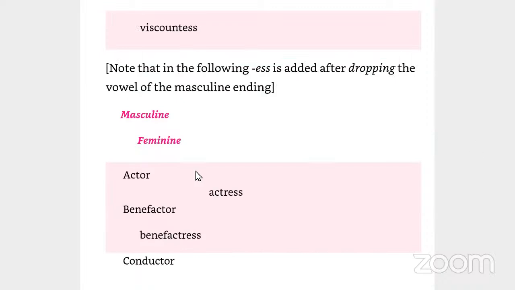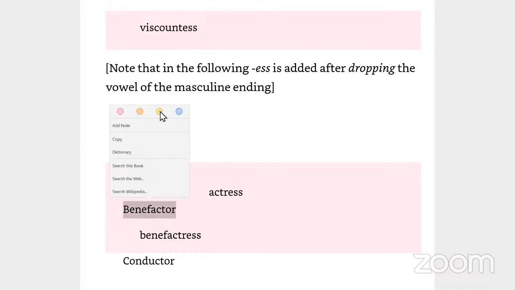Then actor, actress, benefactor. Who can say what's the meaning of the word benefactor? Benefactor comes out of the root word benefit. So can you tell me who's a benefactor?